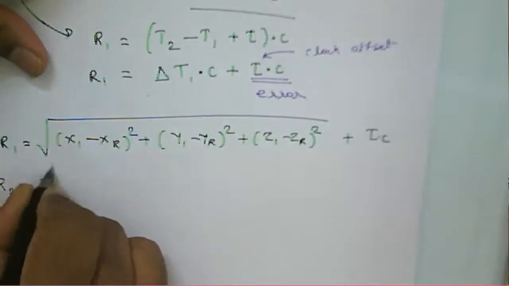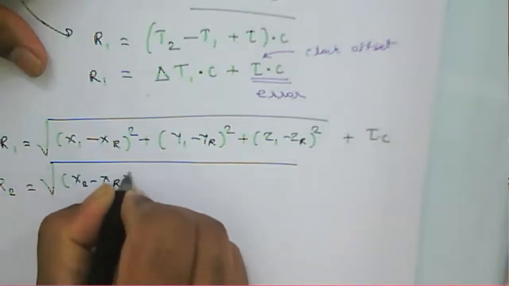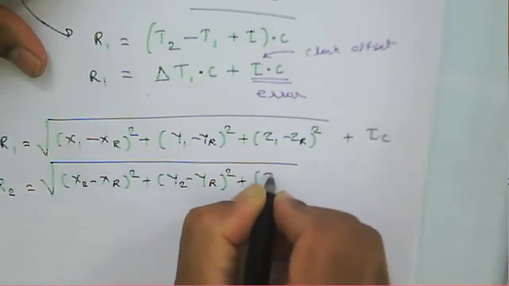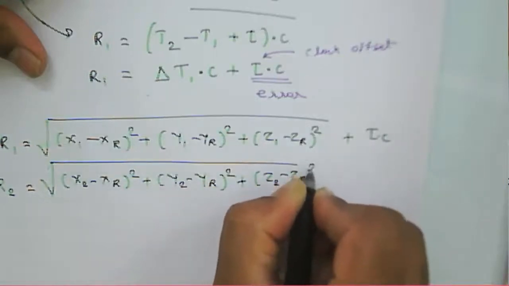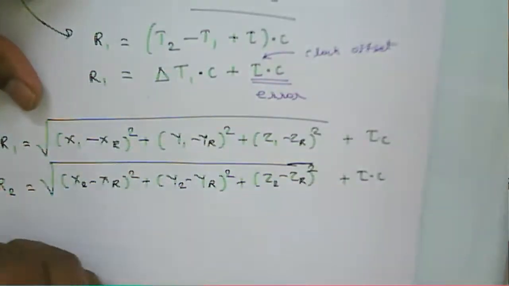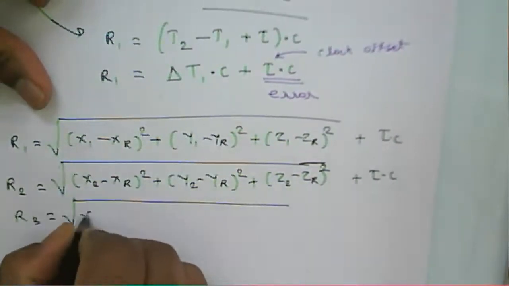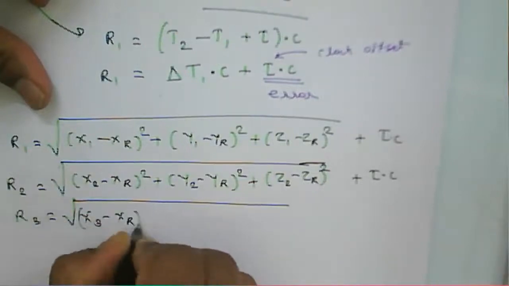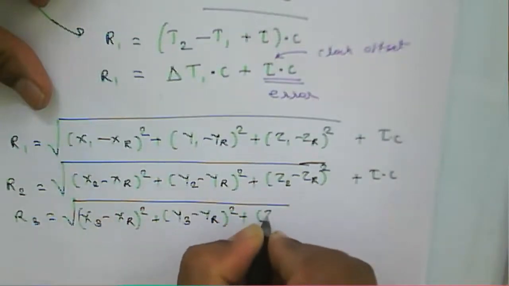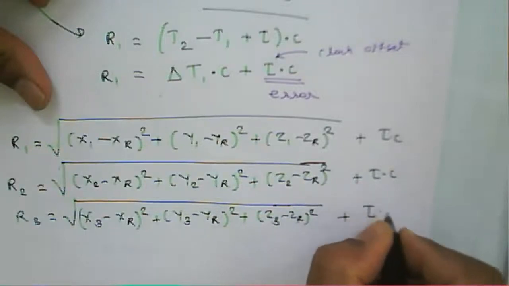Similarly, R2 is the square root of (x2 minus xr) squared plus (y2 minus yr) squared plus (z2 minus zr) squared plus tau into c. Similarly, we can write R3: (x3 minus xr) squared plus (y3 minus yr) squared plus (z3 minus zr) squared plus tau into c.